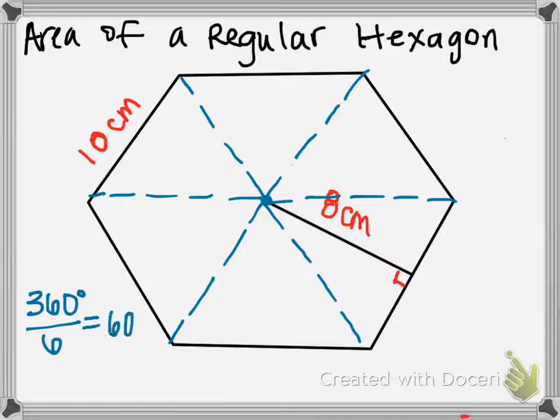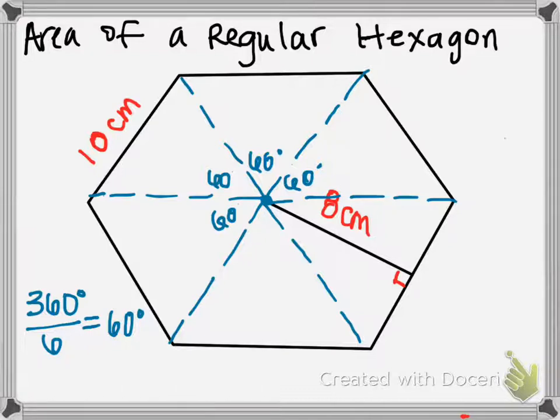And I want to know how many degrees are within each of these sections. So what I did was I took 360 degrees because that's the number of degrees that's in a circle. And I divided it by 6 because since there are 6 sides, I'm able to make 6 triangles with all of those radii. So that means each section has 60 degrees.